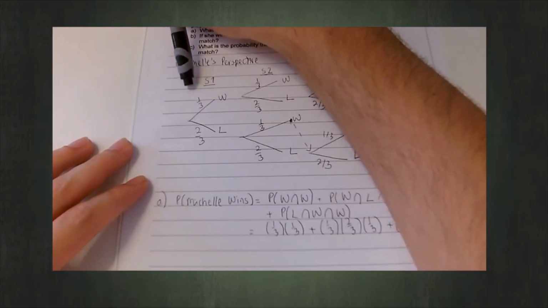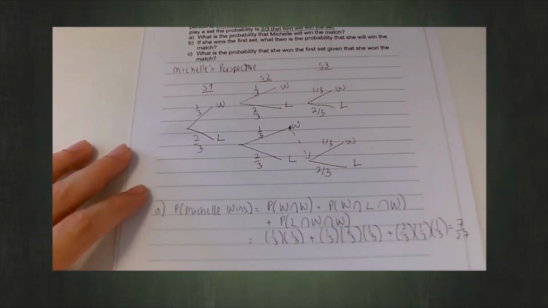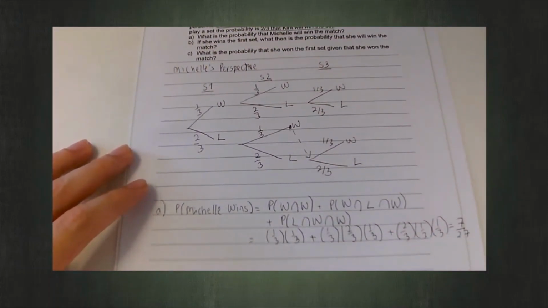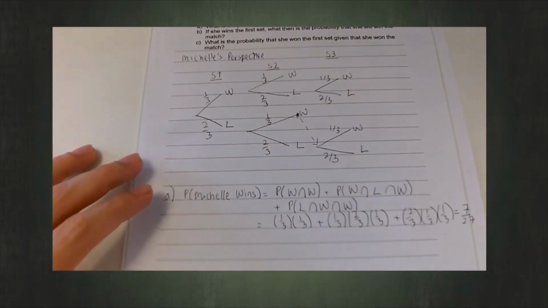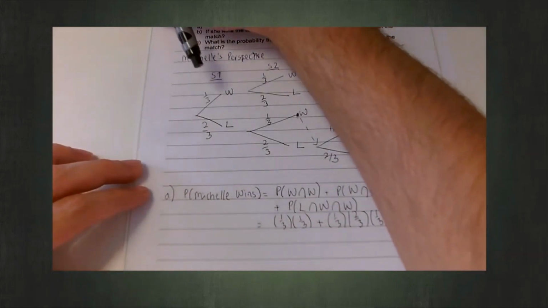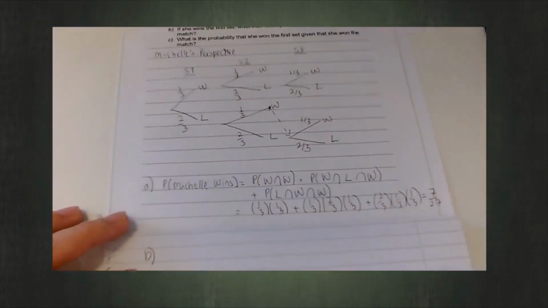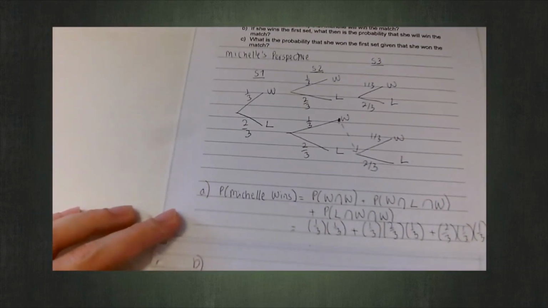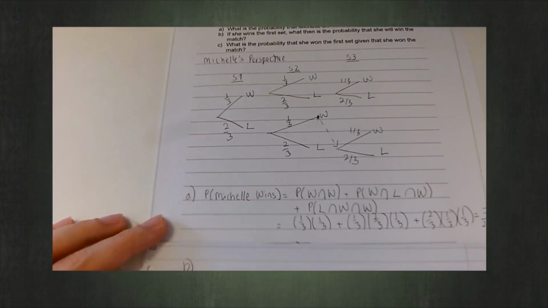Okay? Right. So the next question is, if she wins the first set, what then is the probability that she will win the match? Okay, so got to look very carefully with this one. Okay, so for part B, the question was, if she wins the first set, what is then the probability that she wins the match?